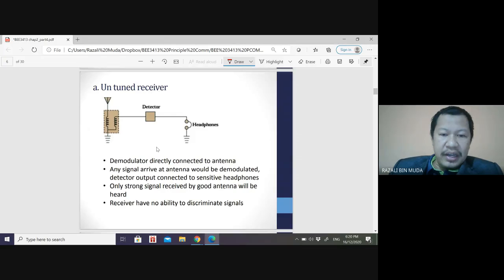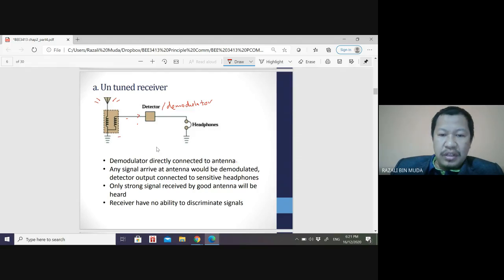First, the untuned receiver: the demodulator is directly connected to the antenna. You have the antenna to receive the signal, and then it is straight away connected to the detector or demodulator. Any signal arriving at the antenna would be demodulated.